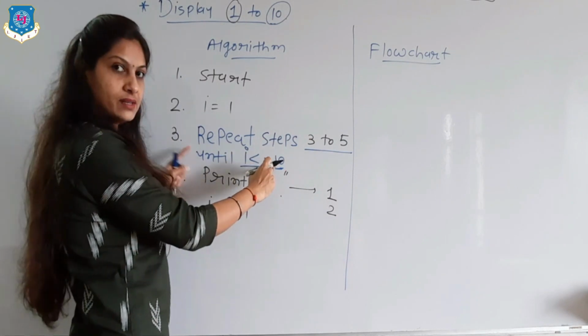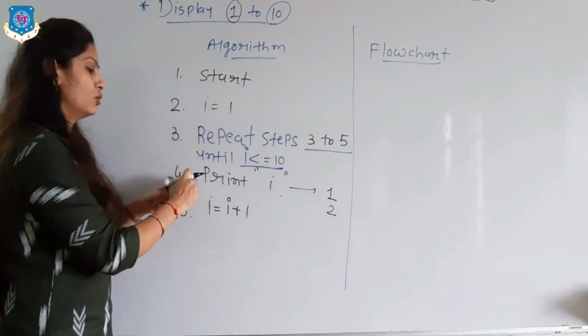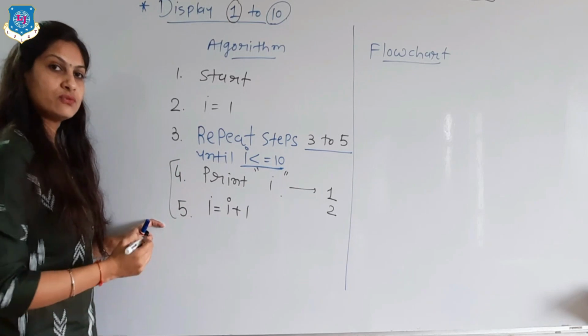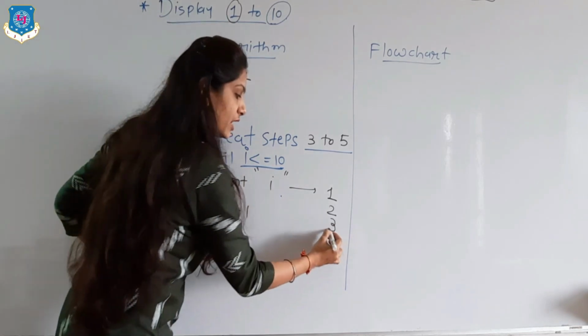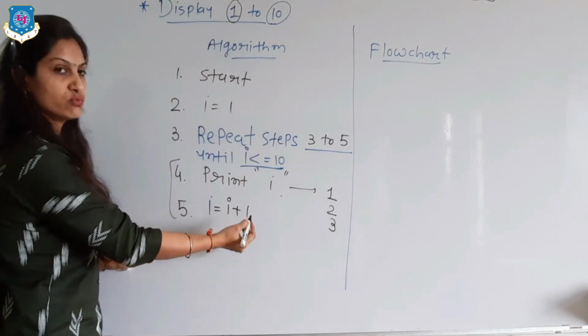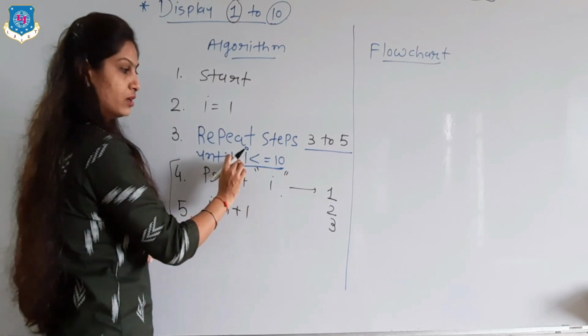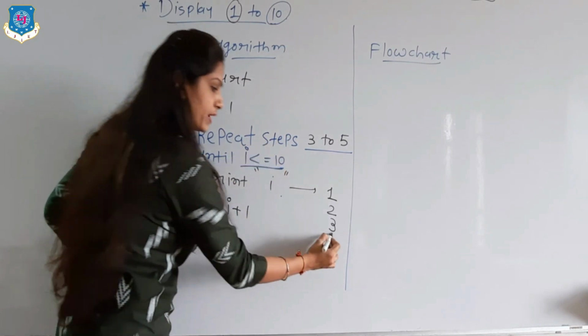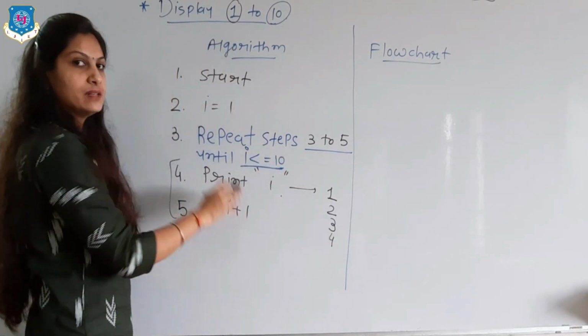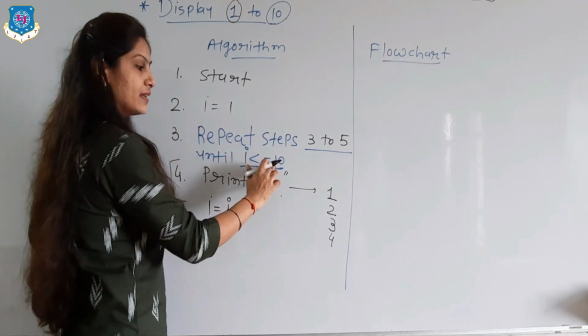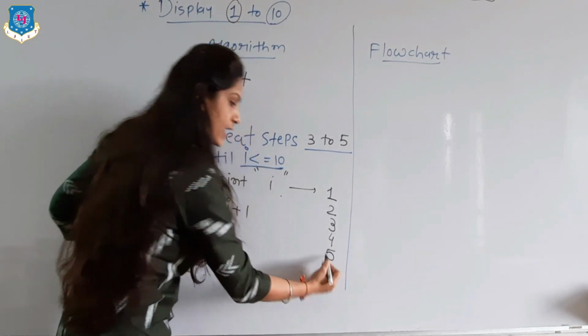3 less than 10, yes. Condition true means these steps we have to repeat. Print 3, I plus 1, 3 plus 1, 4. 4 less than 10, yes. Print 4, 4 plus 1, 5. 5 less than 10, yes. Print 5.